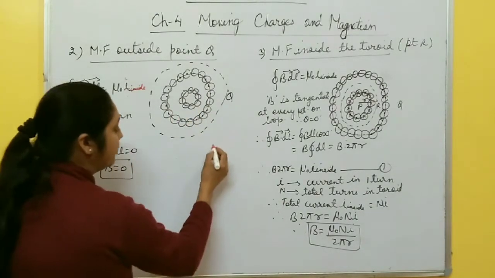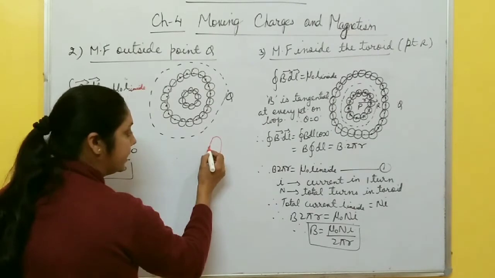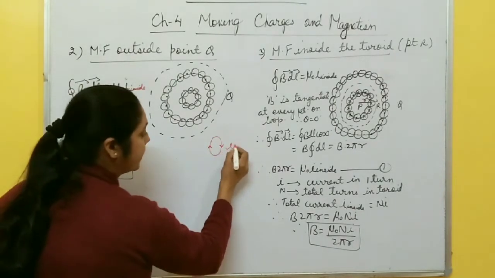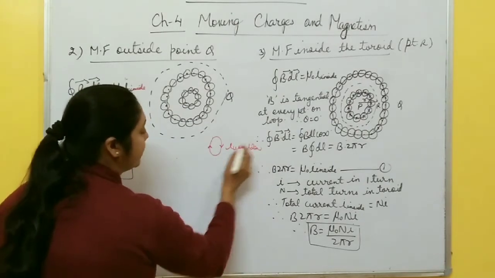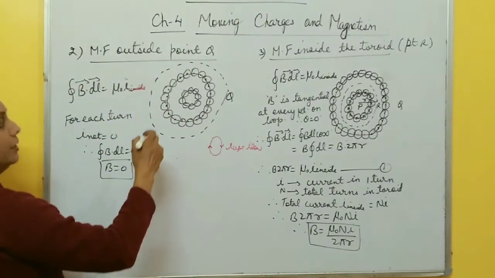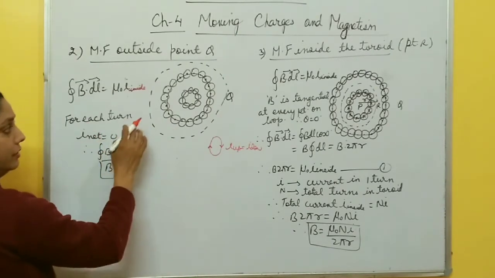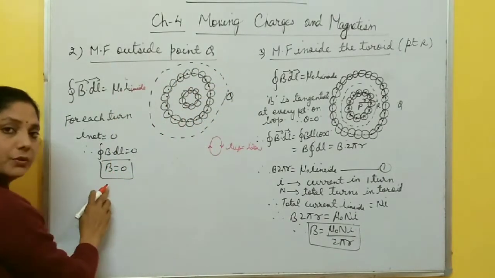In every turn, on one side current is going in the upward direction and on the other side in the downward direction, and I upward equals I downward. So the net current in every turn is 0. So the magnetic field outside this toroid is also 0.